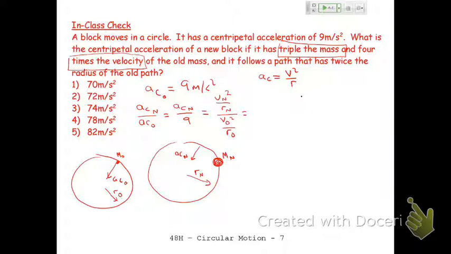Yeah. I don't know what the velocity used to be, and I don't know what it is now, but I know it's 4 times bigger. So let's say the old velocity was 1, then the new velocity is 4. And don't forget we've got to square it.